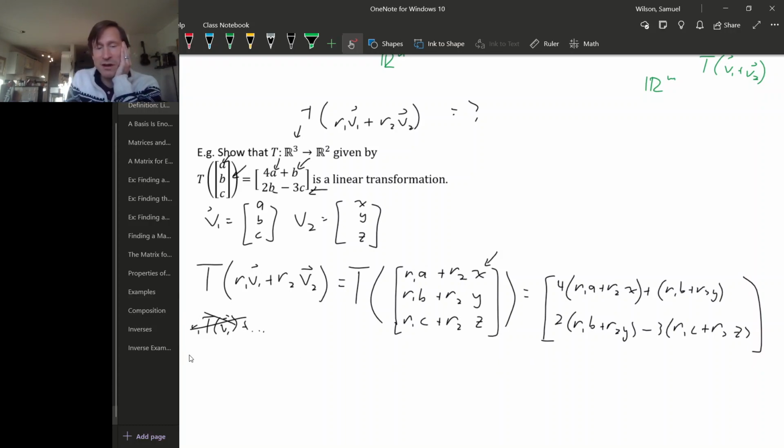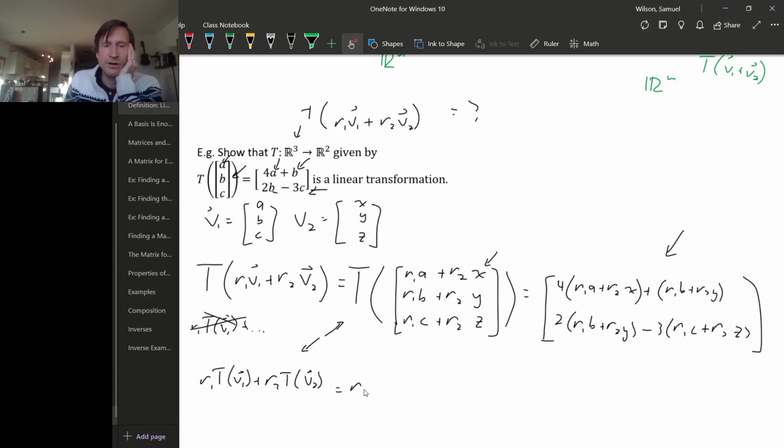Now we need to compare this to R1 T of V1 plus R2 T of V2. If T is really a linear transformation, then these two things are going to be the same. So let's compute the second one and see if we get this big mess.